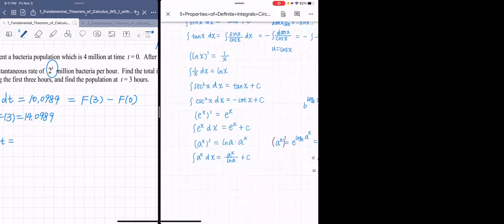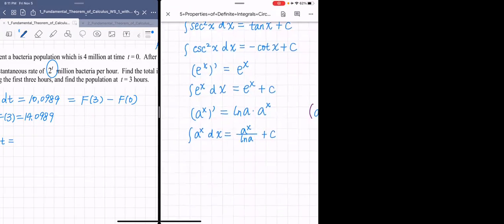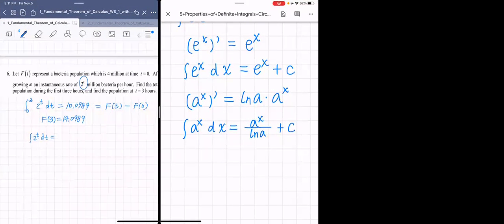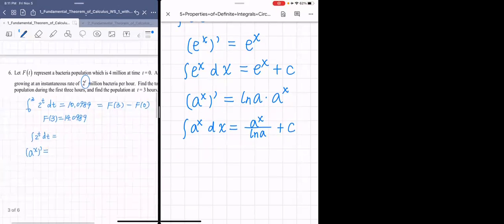Look, we learned that right here, okay? It is because the derivative of a to the power x equals ln a times a to the power x.